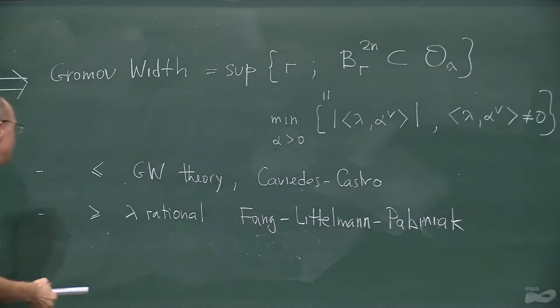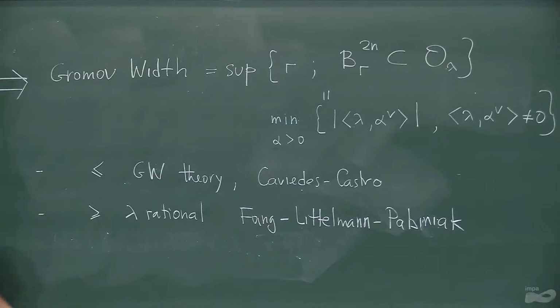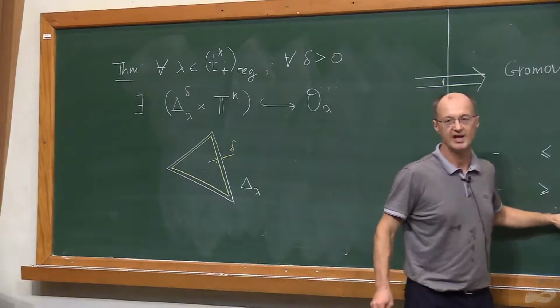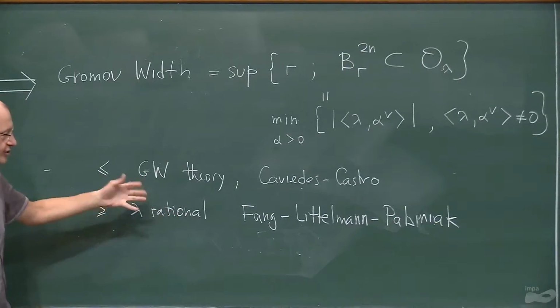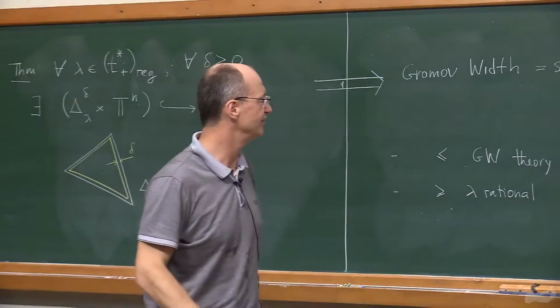But it looks like this lower bound, one knows it for lambda rational, but still one doesn't know it for all lambdas. So it looks like what this construction gives is for all lambda in the interior of the Weyl chamber. So still remains something on the walls that we don't know.